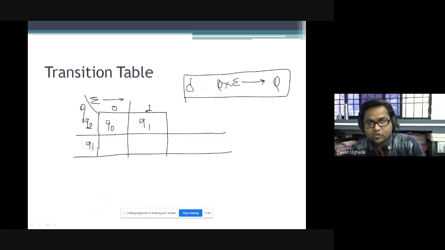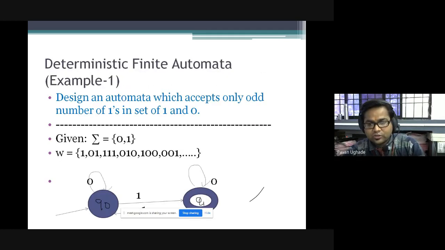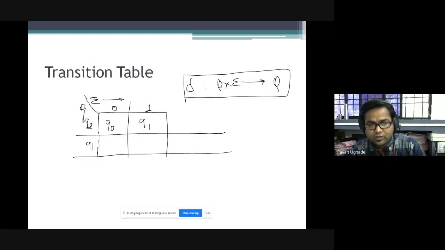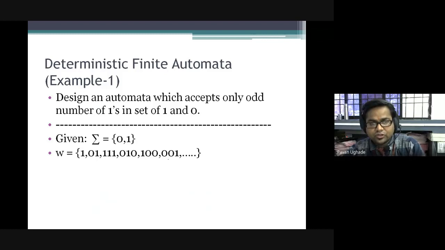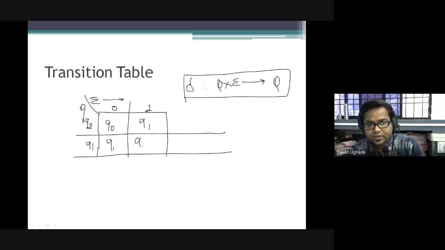In the same fashion, Q1 over 0. It is going to itself, so I will say Q1. Q1 over 1, it is going to Q0. Okay, so I will write down like this. Right. So is there anything left out?